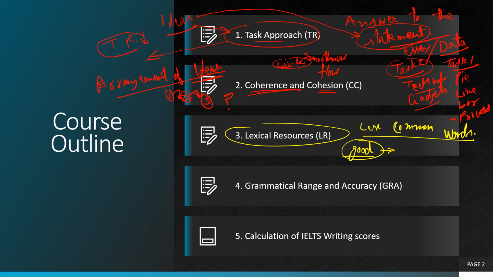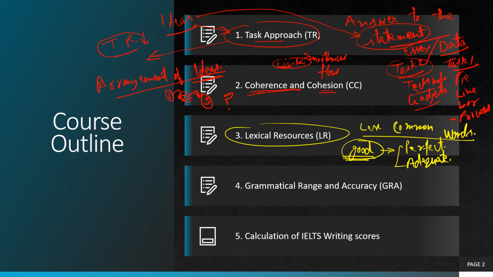For "good," you may use any other synonym, like "perfect" or "adequate." Else, it depends on the situation, in what sense you are going to use the word.